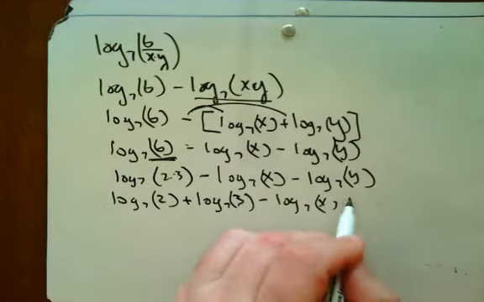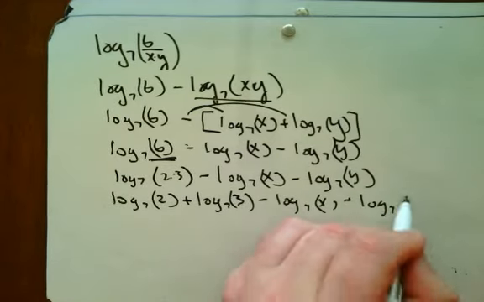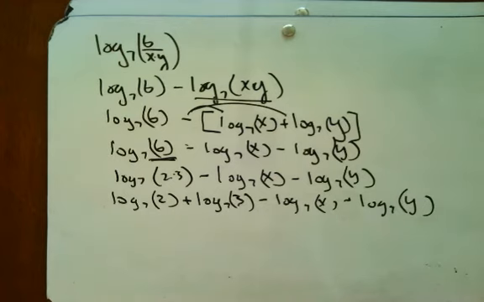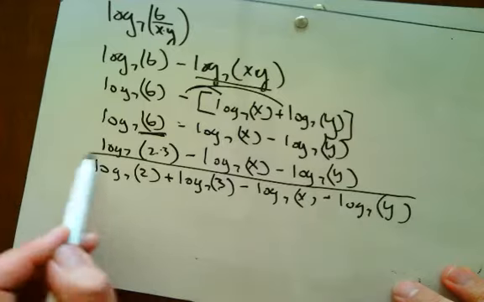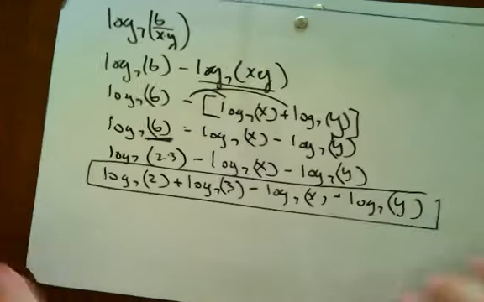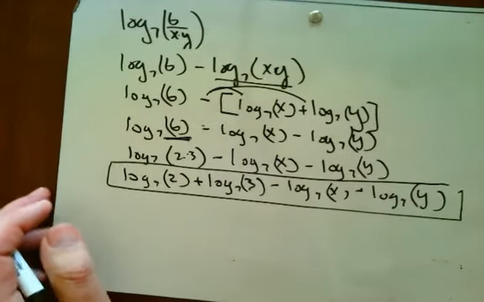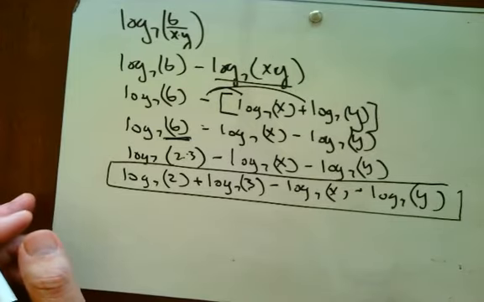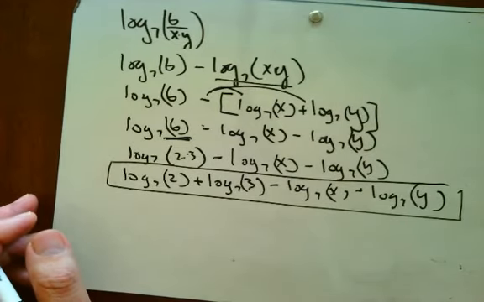So I'm going to have to use the product property there to break up 6. So we're going to have log base 7 of 2 plus log base 7 of 3 minus log base 7 of x minus log base 7 of y. And there's our full expansion.